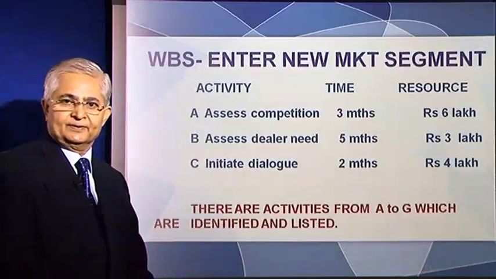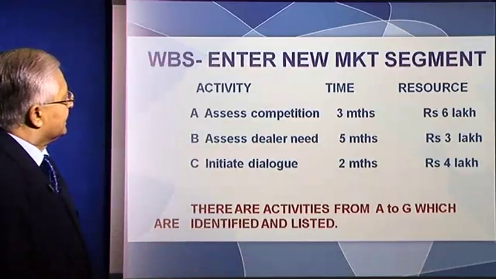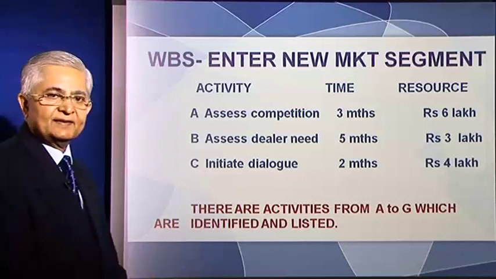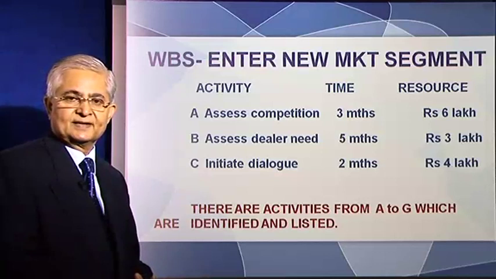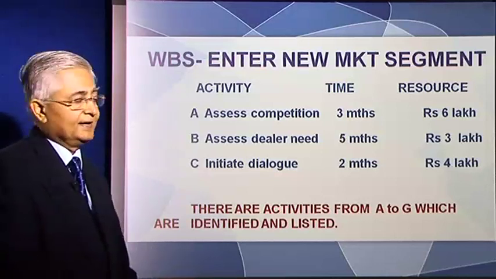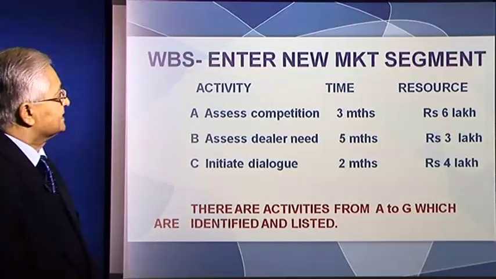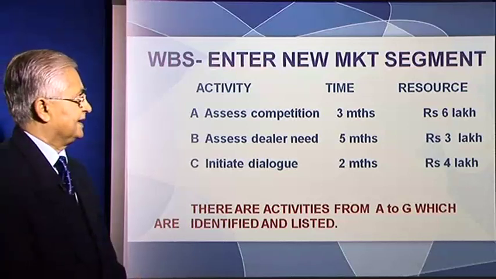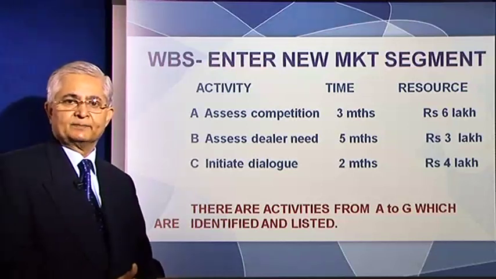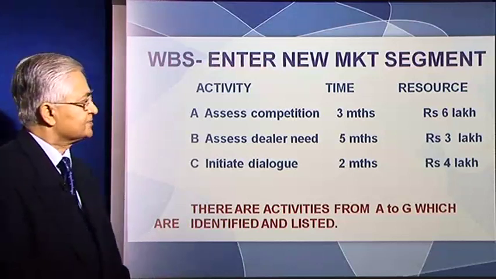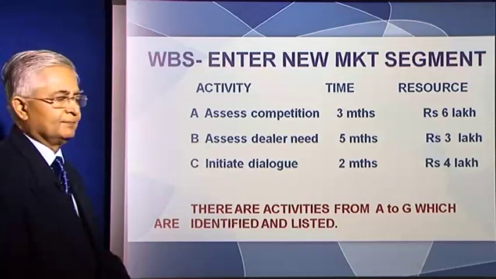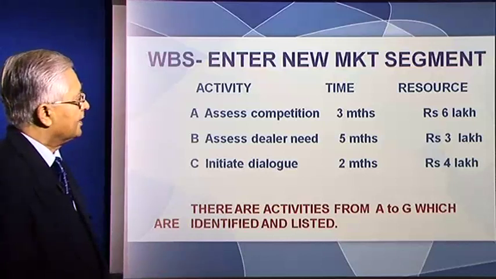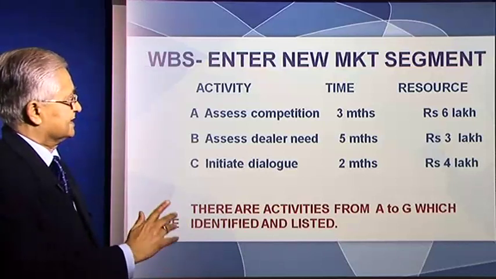Let's take an example. Let's say that the strategic option that we have chosen is to enter a new market segment. So, when we talk about strategy implementation, we are talking about implementing this process.